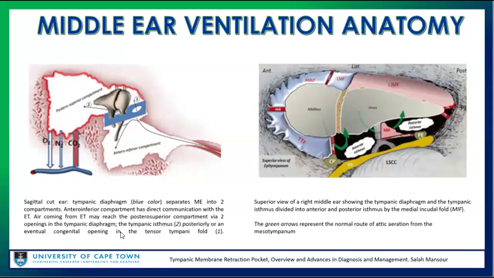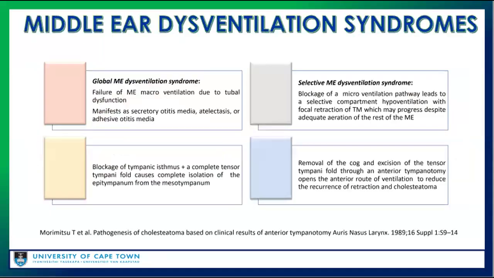The image on the right here shows how the tympanic diaphragm consists of bones and ligaments, and specifically shows how the tympanic isthmus is divided into an anterior and posterior part by the medial incudal fold. Any disruption or blockage in these ventilation pathways would lead to middle ear dysventilation syndromes.